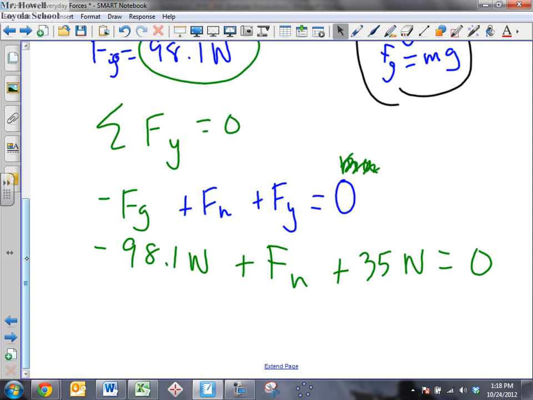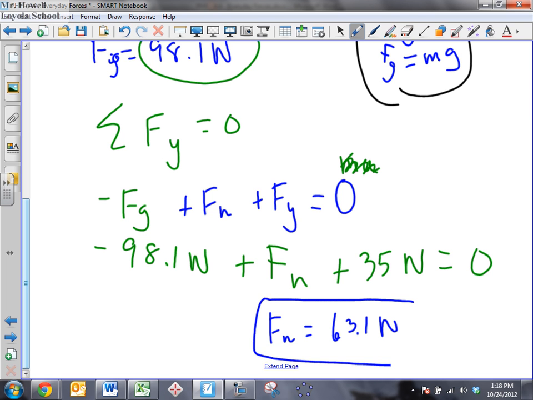That's what's happening here. The table normally has to push back up with 98.1 newtons to counteract the weight. But because I'm putting in 35, the table's going to put in a value a little bit less than that. So if we solve for Fn, move things around, what do we get here, Vivian? Positive, right? 63.1?